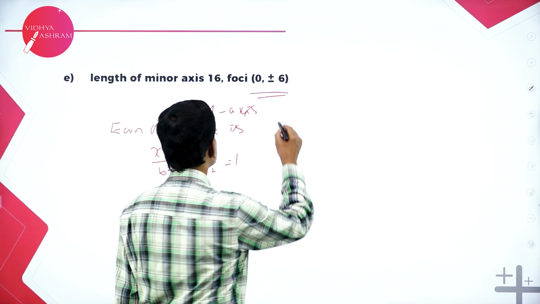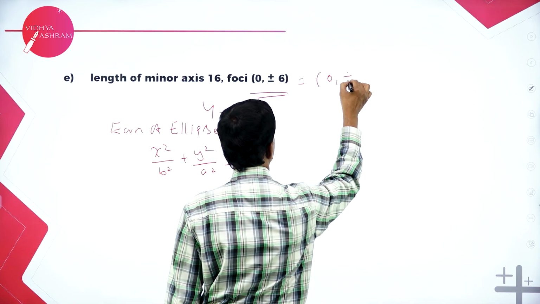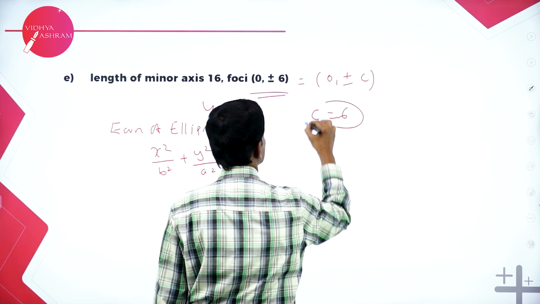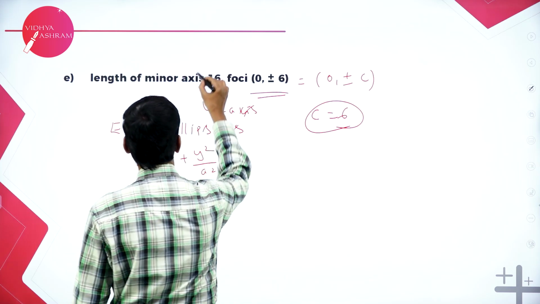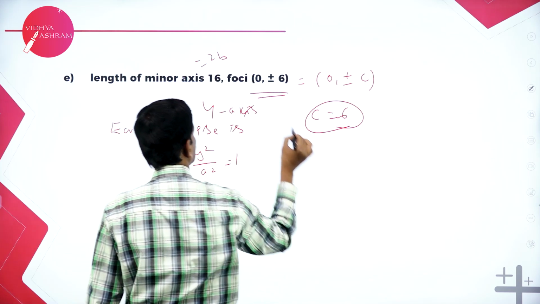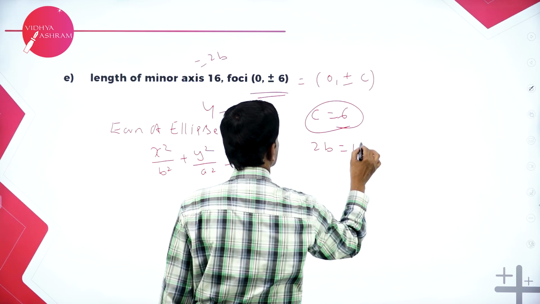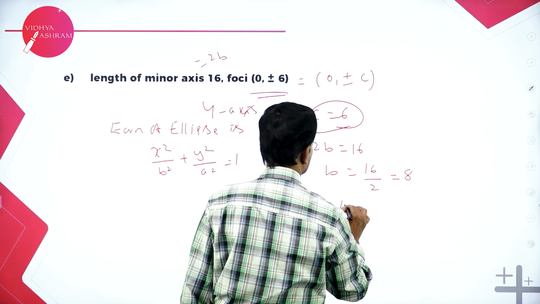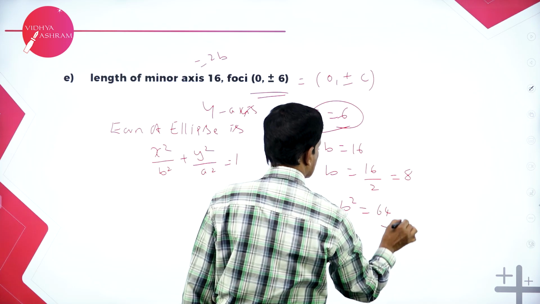Now what is given? The foci is equal to 0 comma plus or minus c. So therefore c is equal to 6. And length of minor axis is nothing but 2b. 2b is equal to 16, b is equal to 16 by 2, that's equal to 8. b square is equal to 8 8s are 64.